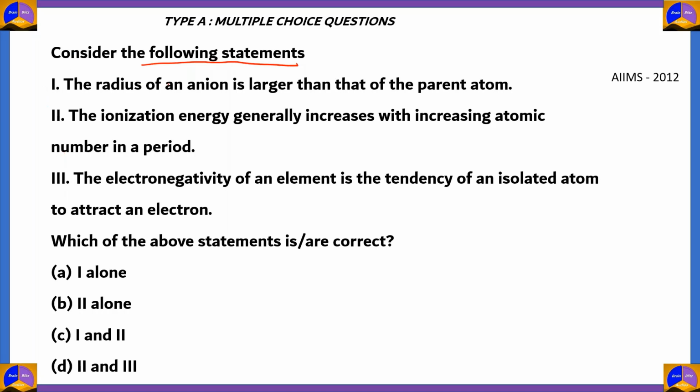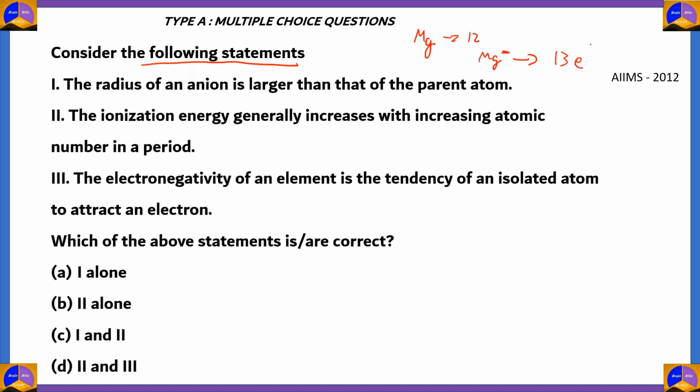The radius of an anion is larger than that of the parent atom. Now suppose we have, let's say, magnesium, for example. Magnesium has atomic number 12, and therefore its configuration goes up to 3s2. However, if we have Mg minus, supposedly, that means it would have 13 electrons.